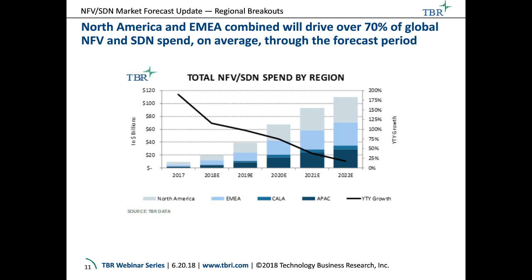So that's where a lot of the raw spend is going to be occurring, even though many operators will be adopting these technologies over the forecast period in the emerging markets as well as in the developed markets.